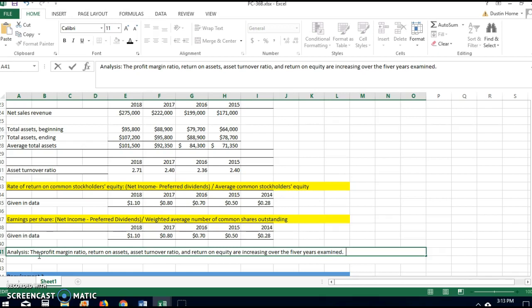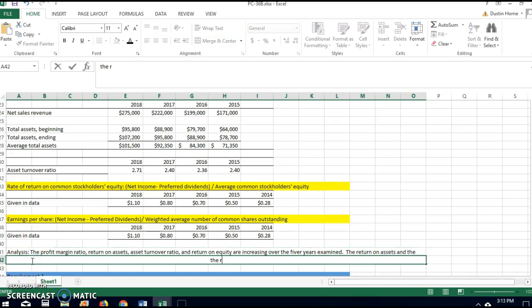Okay, and we can also say here that the return on assets and the return on equity are respectable.